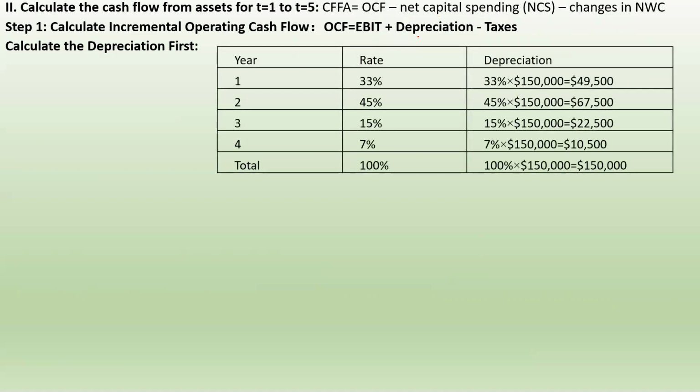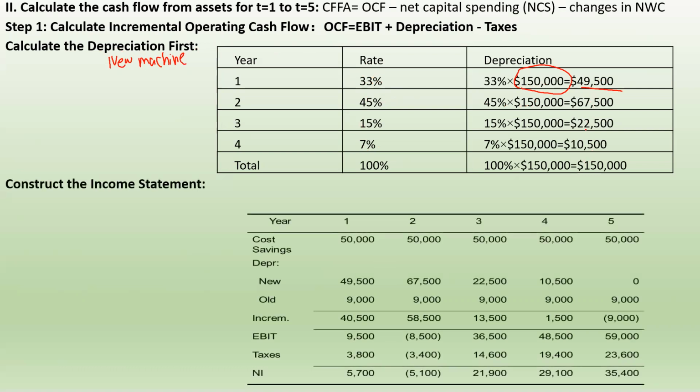The new machine is depreciated using the 3-year modified accelerated cost recovery system. So this is the rate, and the equipment purchasing cost is 150,000. So the first year depreciation is 49,500 and keep going.